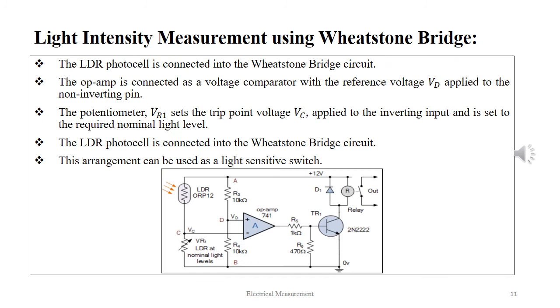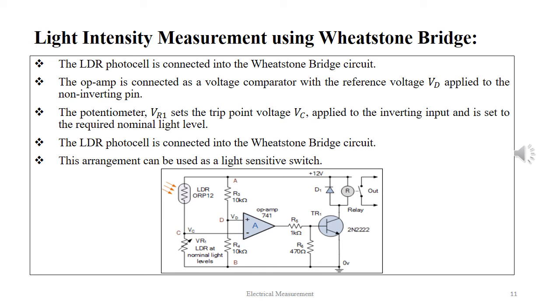Given here is the arrangement for measuring light intensity using a Wheatstone bridge. We see that the LDR is placed on the unknown resistance arm of the Wheatstone bridge, and in place of the galvanometer we have applied an op-amp 741. The LDR photocell is connected into the Wheatstone bridge circuit.